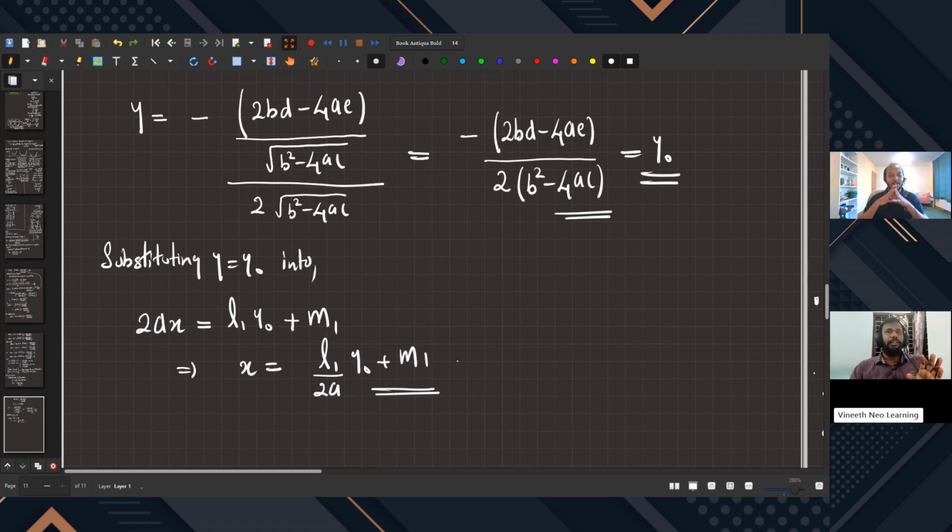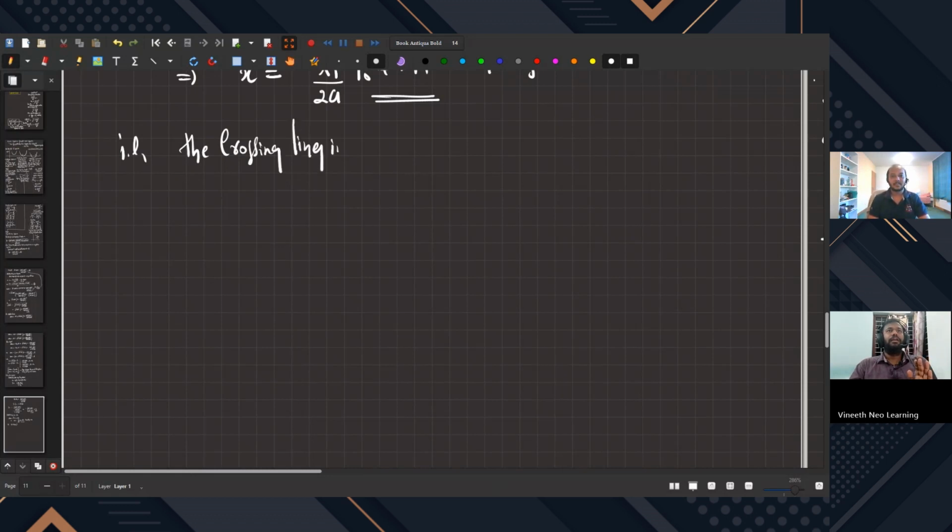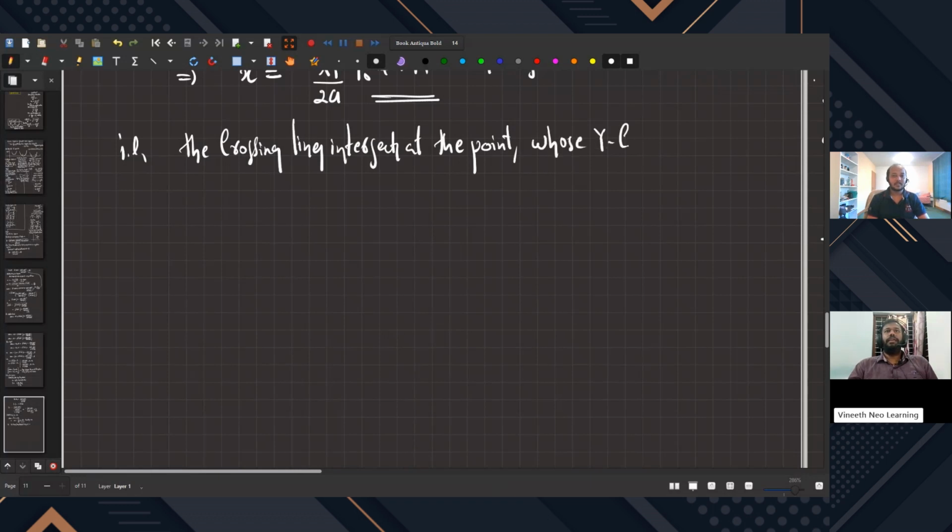Let me write it. Name this as x naught. That is the crossing line; it intersects at the point whose y coordinate is y naught exactly.